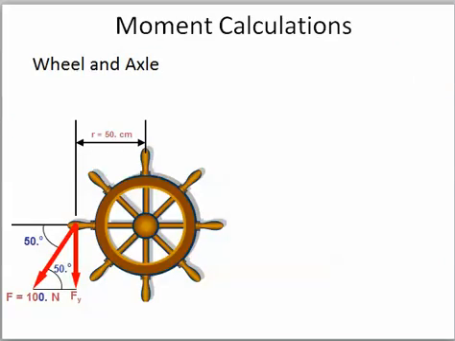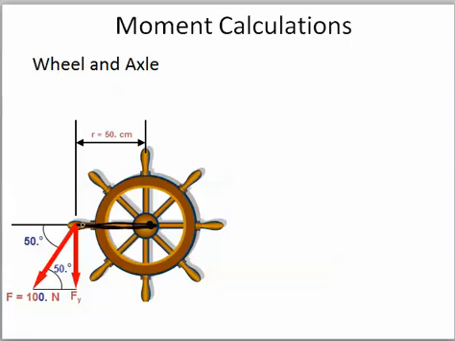On this problem now, we've got a force that's being applied at an angle. In this case, we have a 100 Newton force, but it's coming off at a 50-degree angle. Here's my pivot point.